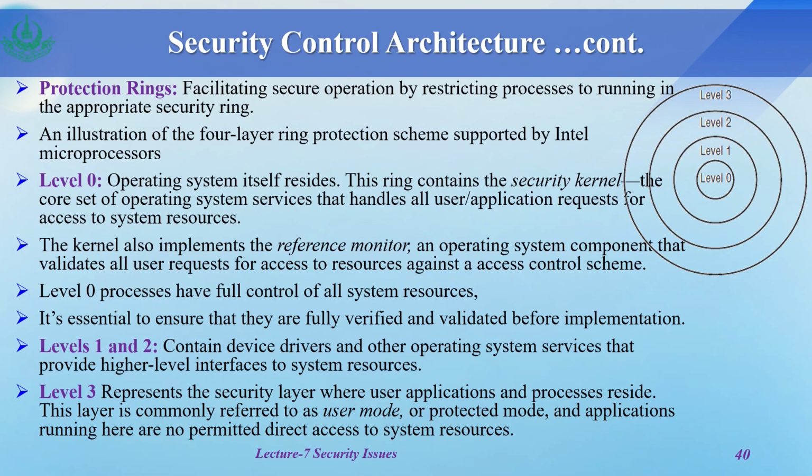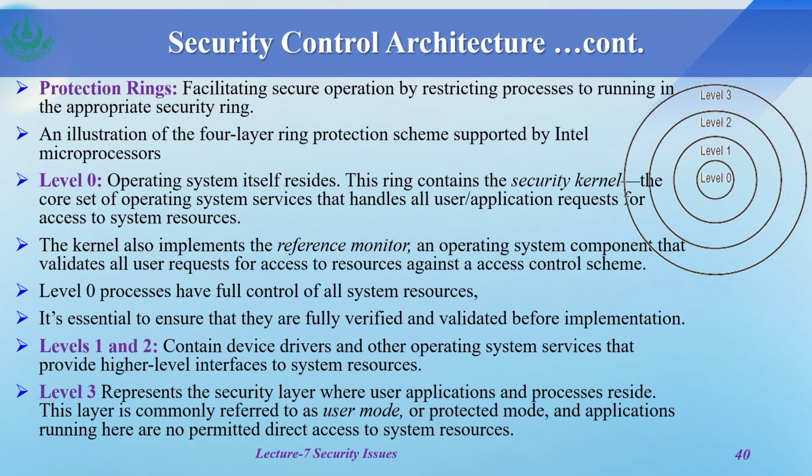The kernel also implements the reference monitor, an operating system component that validates all user requests for access to resources against access control schemes. Level 0 processes have full control of all system resources. It is essential to ensure that they are fully verified and validated before implementation.